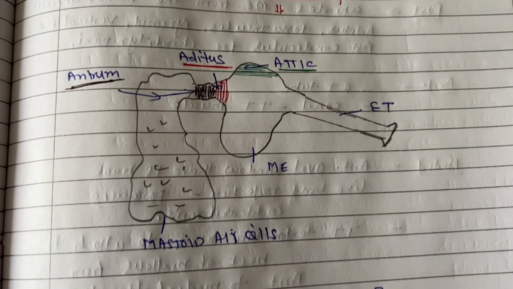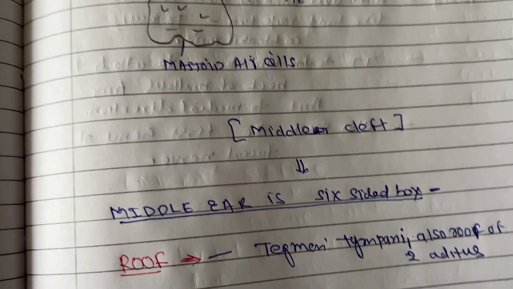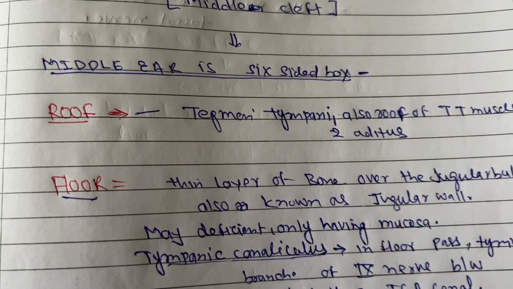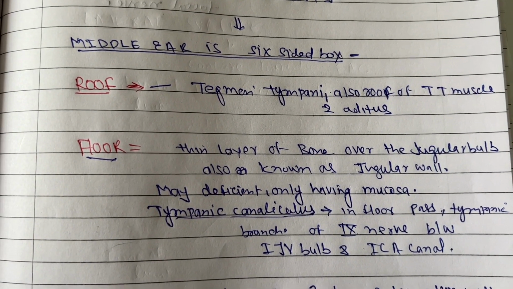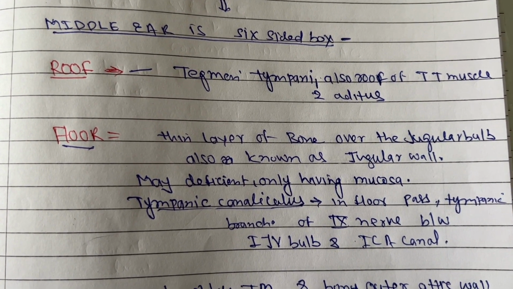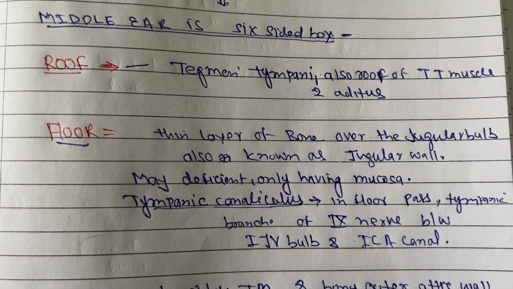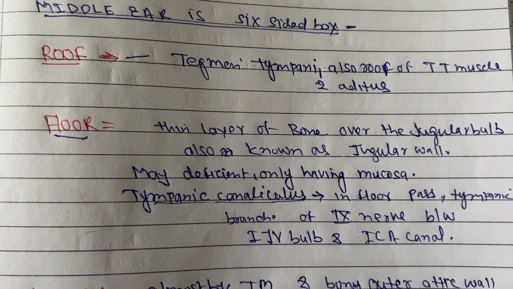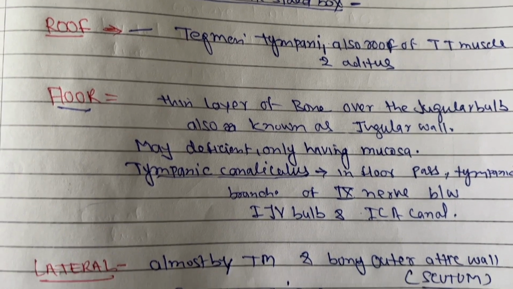The roof of the middle ear is mainly formed by the tegmen tympani, extending from the tensor tympani canal up to the aditus. So the whole length of the roof is covered by the tegmen tympani of the tympanic cavity. The floor is a thin layer, mainly formed by the jugular wall, and sometimes may be deficient.